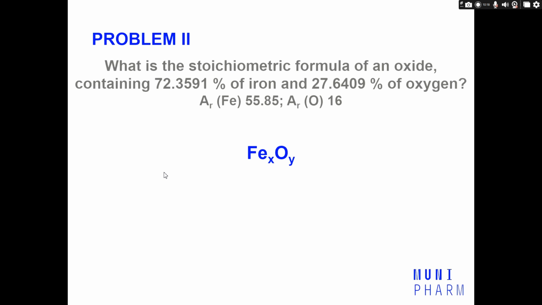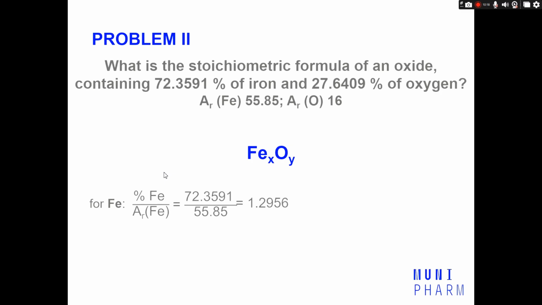There is an existing procedure for how to deal with such calculations. We will calculate the coefficient for iron by taking the value of the percentage of the iron content, and this value we will divide by the atomic relative mass of iron. Numerically, 72.36 will divide by 55.85.